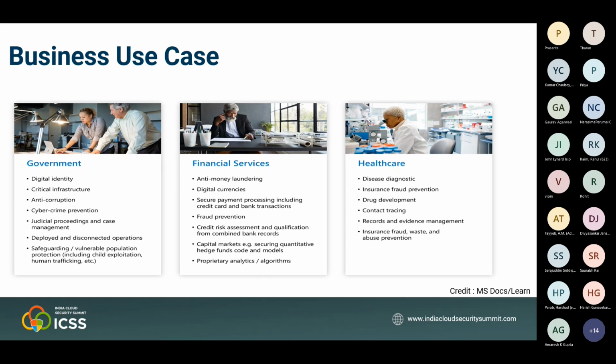Thank you. So let us say you have some critical data, such as government files. In India, it could be high profile case files, which they don't want to share apart from officially within the government, but they still want to utilize digitalization systems, the anti-corruption policies, the crime prevention work, the judicial proceedings, right? The deployment and disconnect operations, the safeguarding and vulnerability protection, all of those things the government wants to save; they don't want them exposed, right?